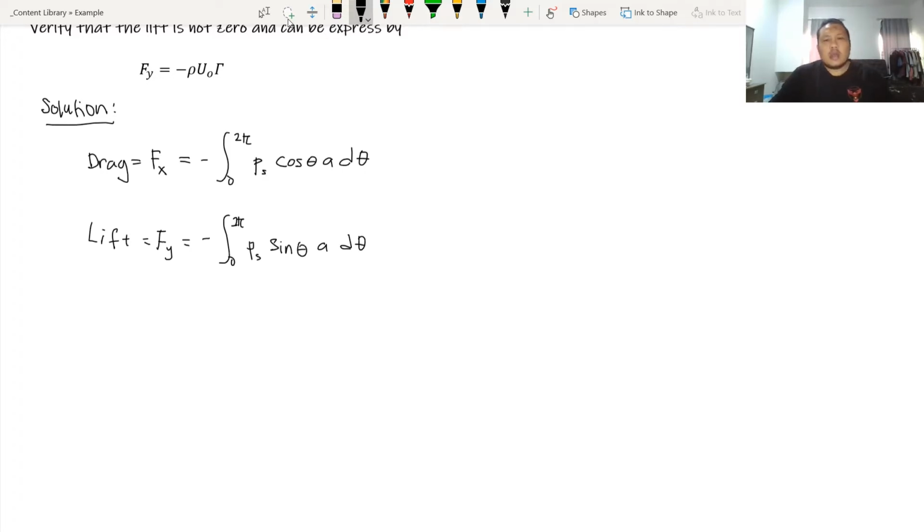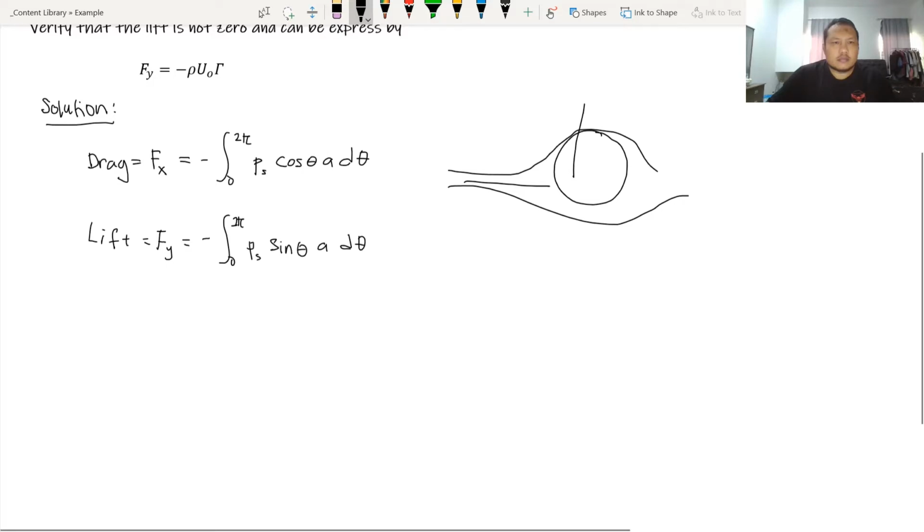We have the cylinder like this, with the flow around it as in the previous example, and from here we have this Fx and this Fy.